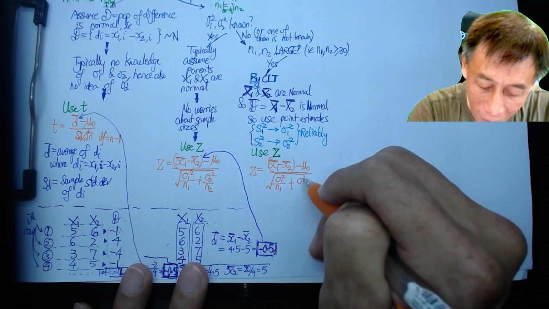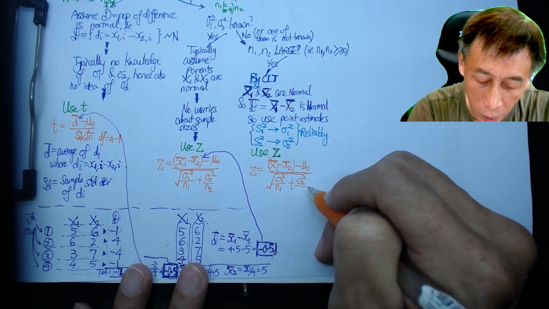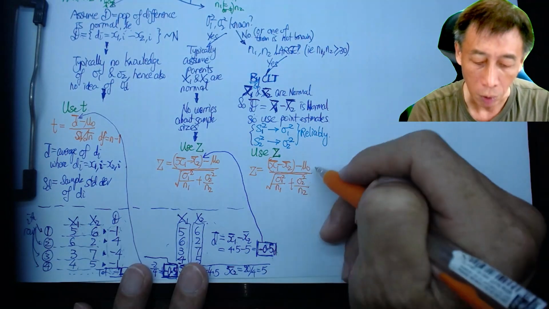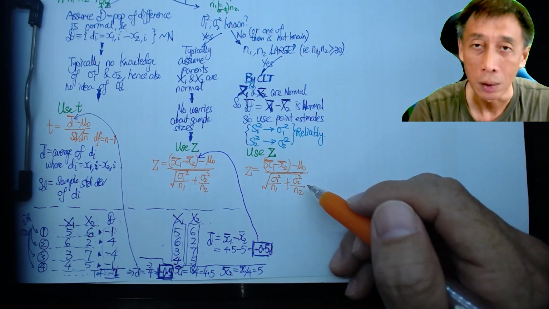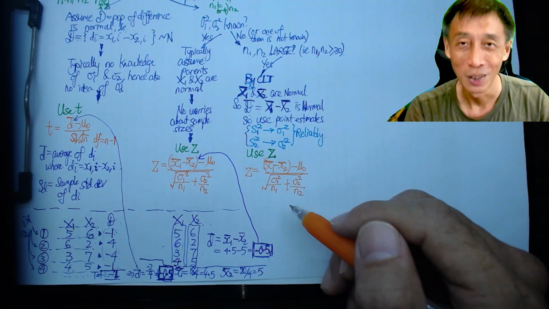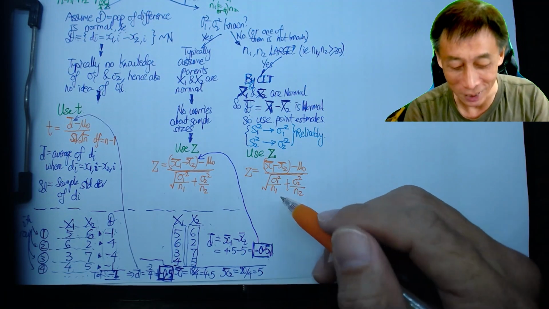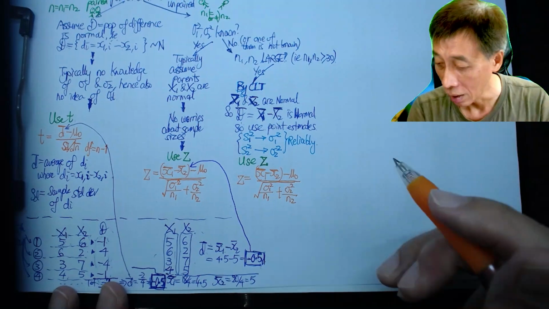We substitute S1 square for sigma 1 square and S2 square for sigma 2 square. Even though the calculation looks a little lengthy, you can just plug it into R or Excel, and out comes the number straight away. Then you plot the Google pin on your Z distribution and immediately decide whether to reject the null hypothesis or not.